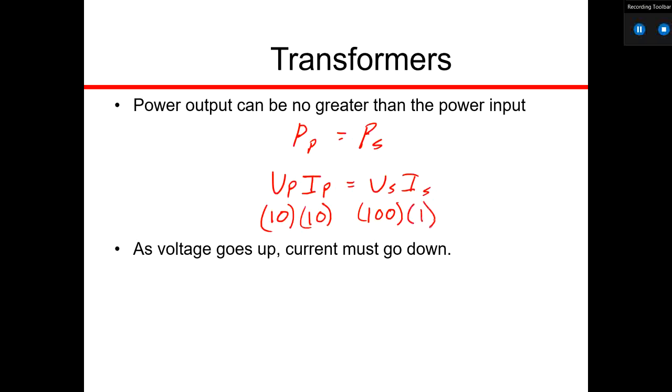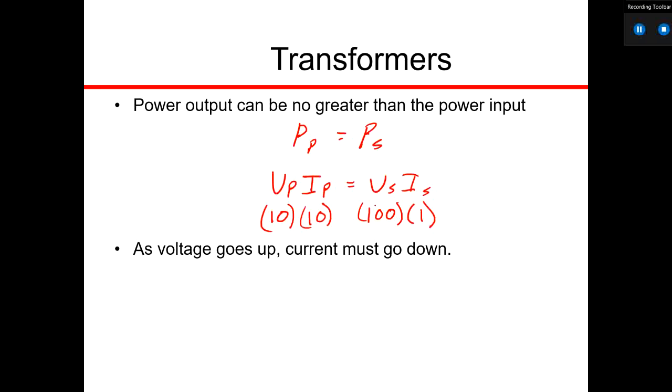So the secondary current would have to be 1. What this shows us is that if we increase the voltage, the current goes down. This is how we apply these principles to the transportation of electricity across countries.